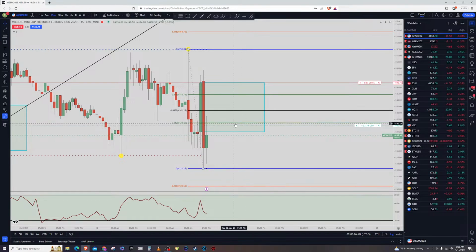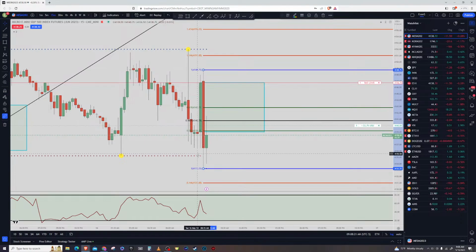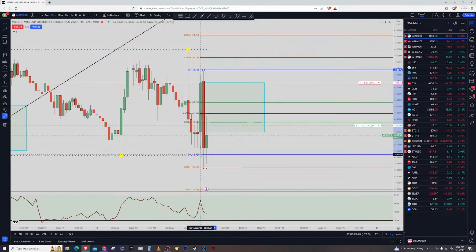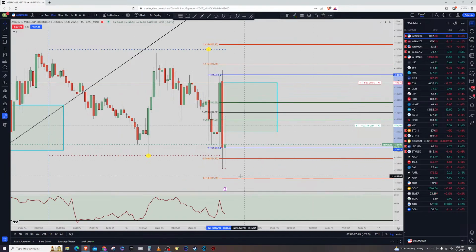I don't get in right there, because if price doesn't hit the 38, keeps on moving up, hits the 61.8 right here, then the exit will be the 50%, and that's where I look to get in, because it doesn't move from there. But what we'll do is look at where the 8:30 candle is. This is the 8:30 candle right here, because if that 1.44 gets hit, then we're going to move that one.